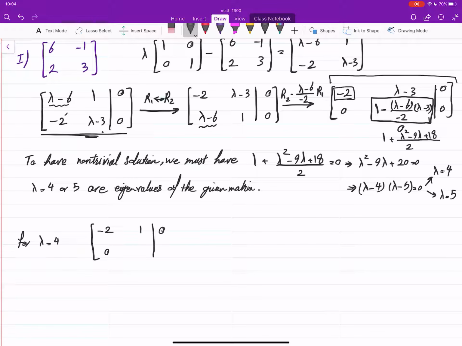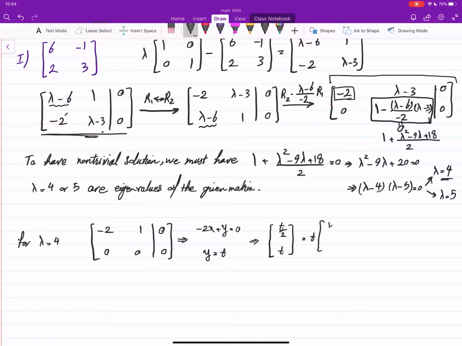And we know that for lambda equal to 4, the other entry is already equal to 0, so this will be 0, 0. Solve this. So this is negative 2x plus y is equal to 0. y is a free variable t. Now from there, we know that the solutions are of the form (t over 2, t).